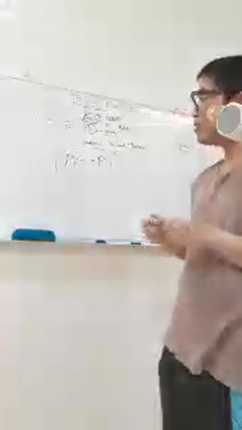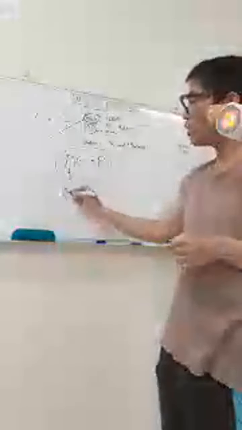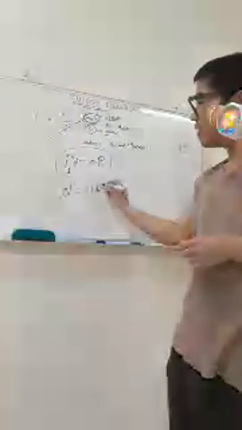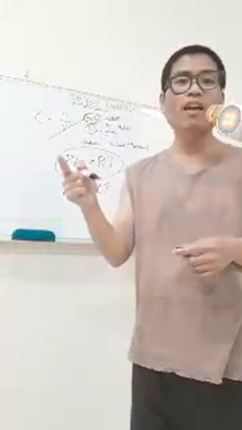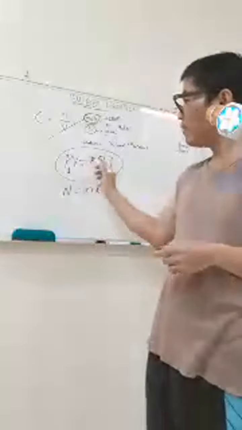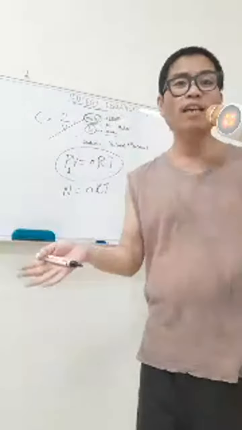Actually, this is the work. Work is equal to nRT. But since work is equal to pressure times volume, in the second law of thermodynamics, the Clausius-Clapeyron experiment or theory, it will now become PV. It was broken apart.